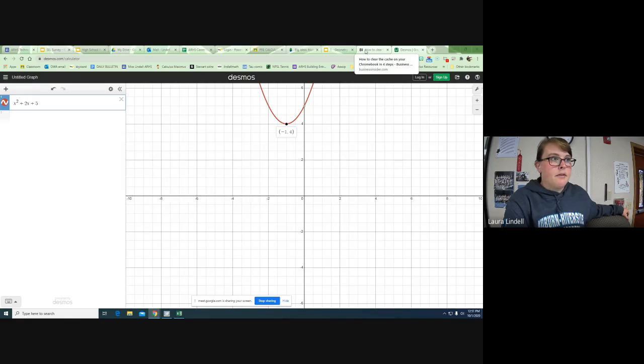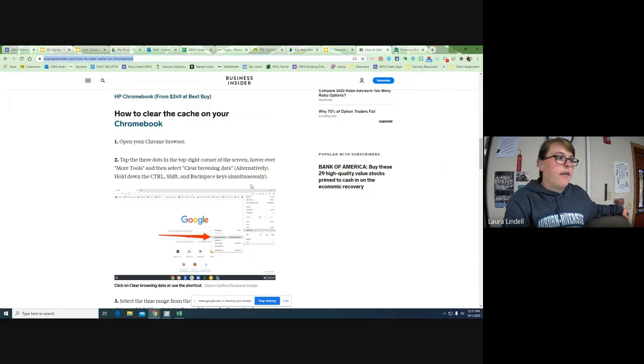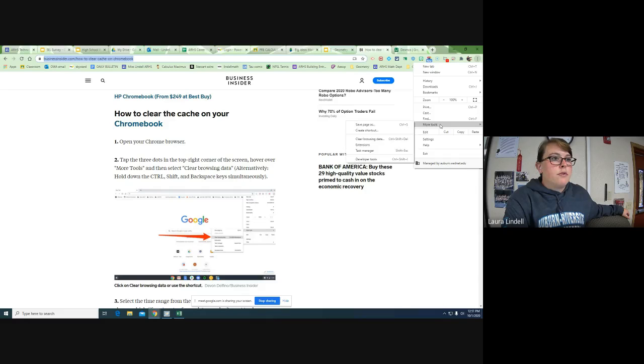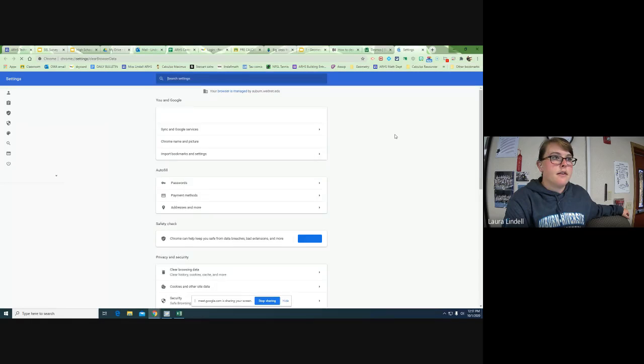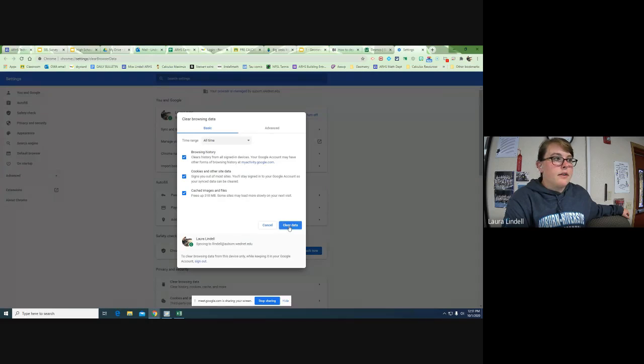So here are the steps on how to clear the cache on your Chromebook. You open your Chrome browser, you click the 3 dots. You go down to More Tools, and then you go to Clear Browsing Data. So More Tools, Clear Browsing Data, and then you click Clear Data because it will clear your browsing history and all that kind of fun stuff.